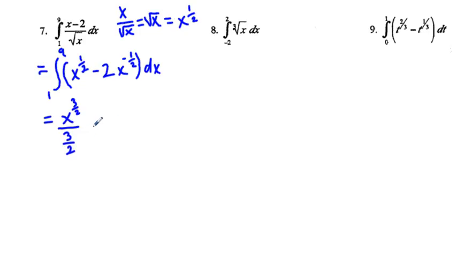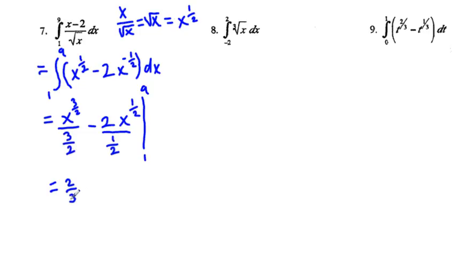And then we're going to subtract out 2, and we're going to have x, now this negative 1/2 plus 1 is going to be x to the 1/2, and we're going to divide this term on the right by 1/2, and we're going to evaluate all this from 1 to 9. Okay, and now dividing by 3/2 is the same as multiplying by 2/3.